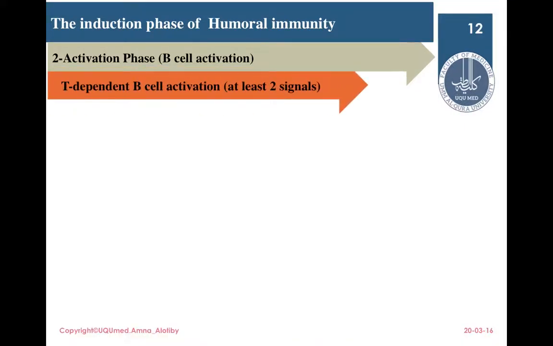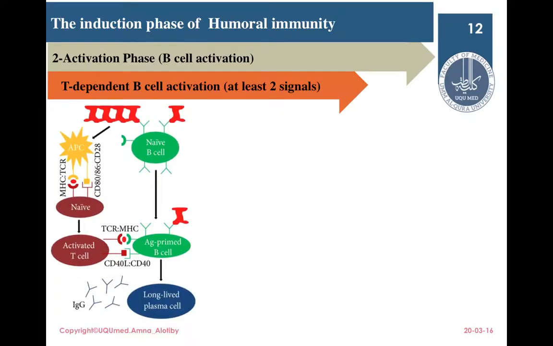The T-dependent B cell activation also needs at least two signals. Here what you see is a naive B cell bound to this antigen and it is activated. This is the B cell receptor complex BCR bound to the antigen, and it is taken up by these B cells and processed.